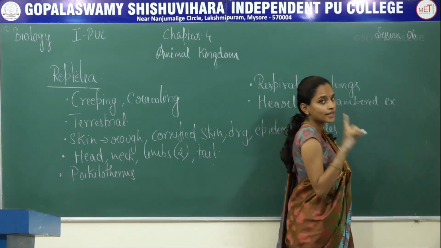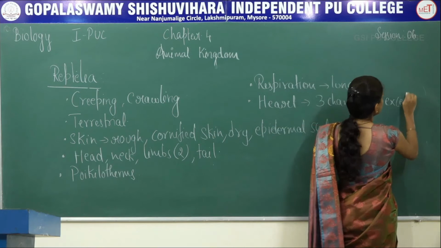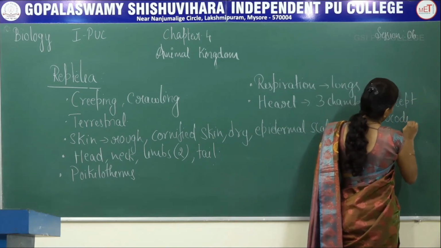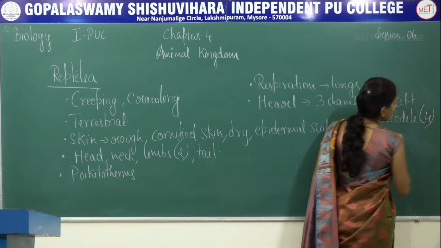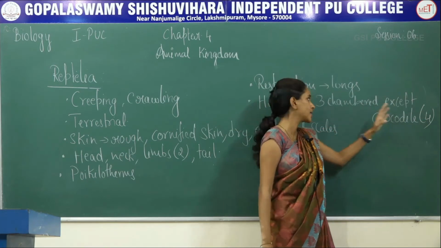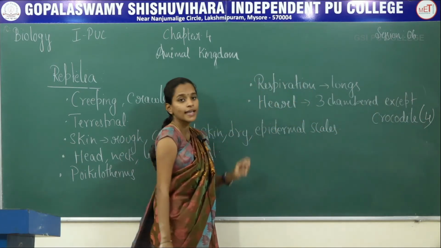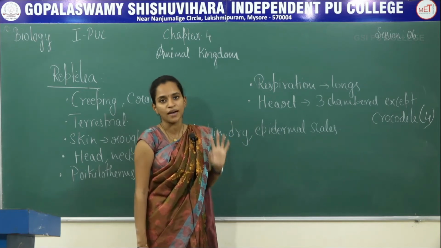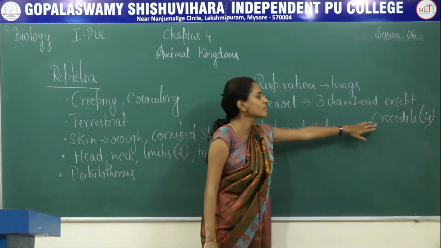Exception are there is only one exception, except crocodile, because crocodiles have 4-chambered heart. So when it comes to their heart, they have 3-chambered heart with 2 auricles and 1 ventricle, just like amphibia, except in case of crocodile.